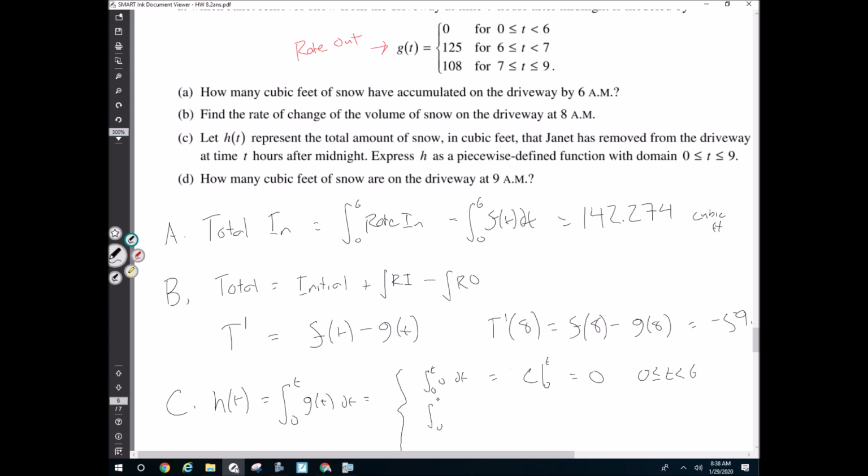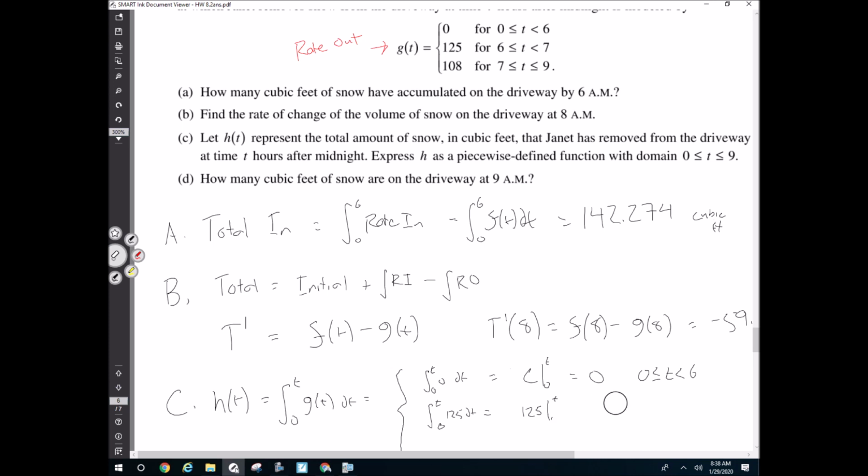Integral from 0 to t of 125. Does this work? Or do I need to change it from 6? Let's see. Get 125 from 0 to t equals 125t, but that's not right. It's going to be from 6 to my time. Okay, that's going to work.